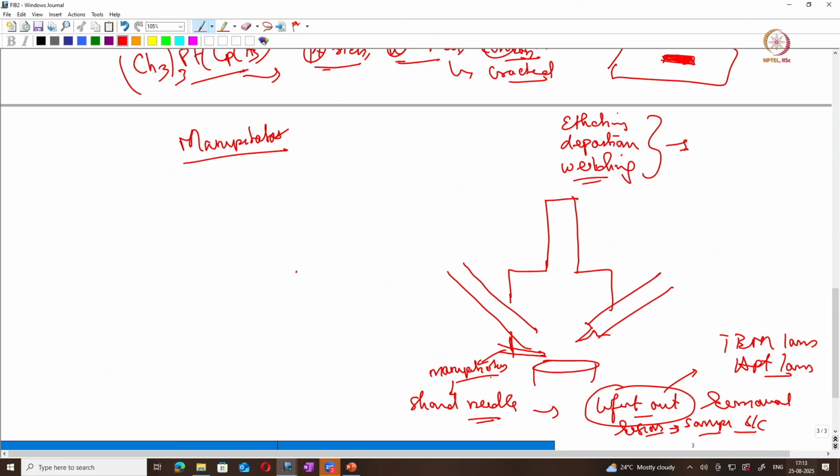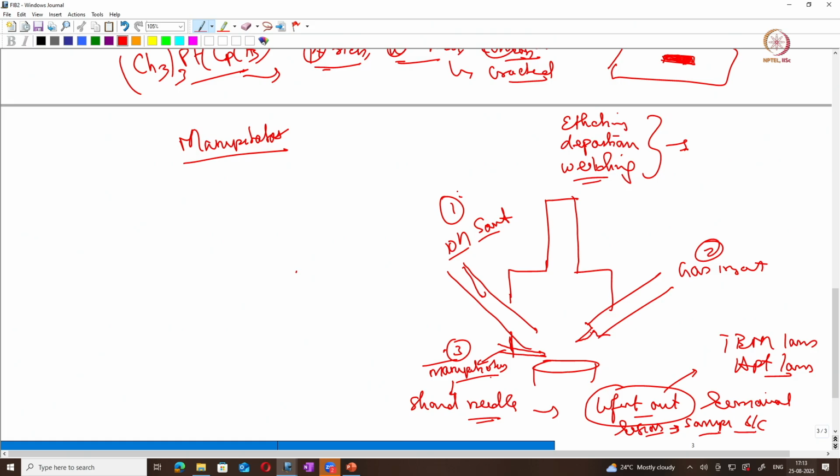Correct? So there are three important things in the FIB system. One is the ion source, the second one is the gas injection system, and the third one is the manipulator.